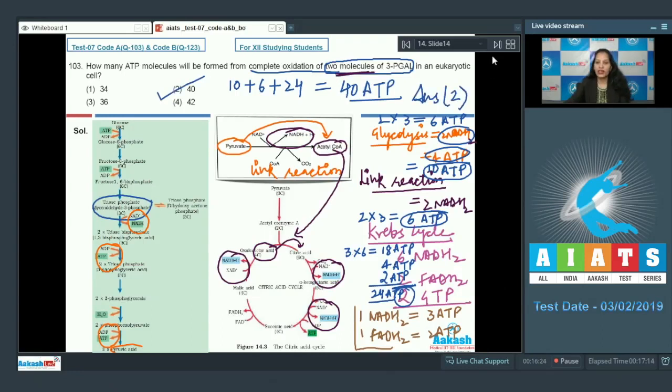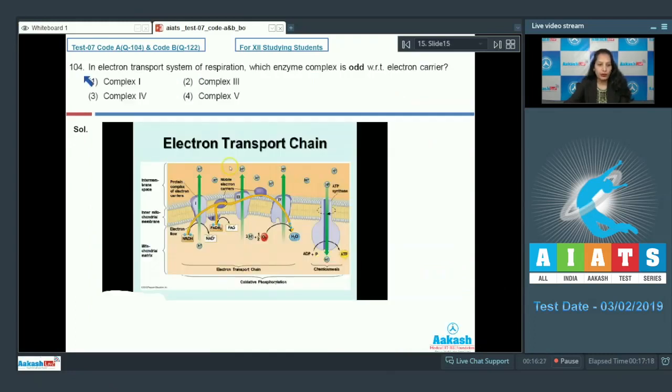Let's move on to the next question. Question number 104. In the electron transport system of respiration, which enzyme complex is odd with respect to the electron carrier? First option complex 1, second complex 3, third complex 4, fourth complex 5. See over here, this is the electron transport chain from respiration. On the inner mitochondrial membrane, there are some complexes present.